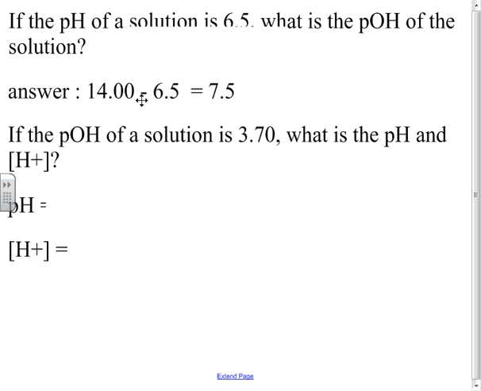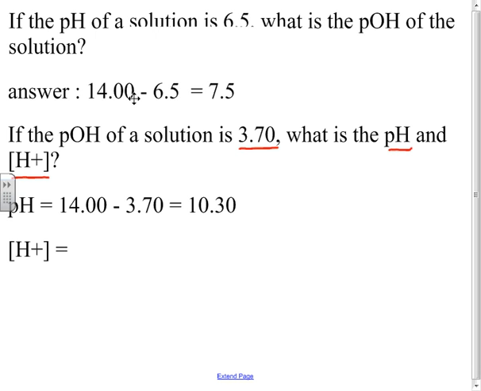And so 14 minus the pOH equals the pH. And for the second one here, if the pOH of a solution is 3.70, what is the pH and the hydrogen ion concentration? The pH is going to equal 14 minus the pOH, or 10.3. So that is going to be the pH.